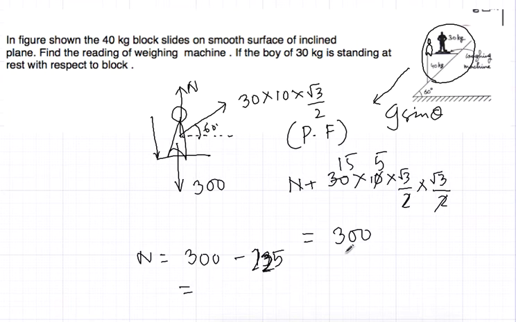So N is 300 minus 225, which is 75 Newton.